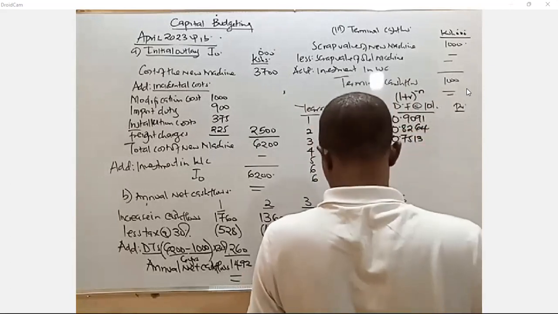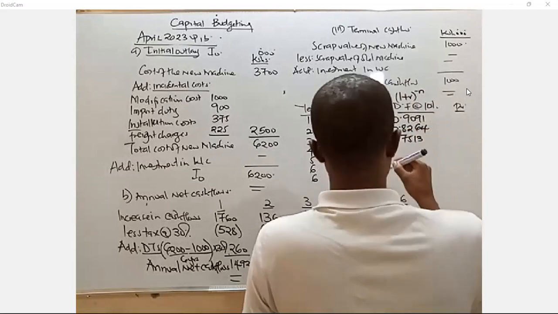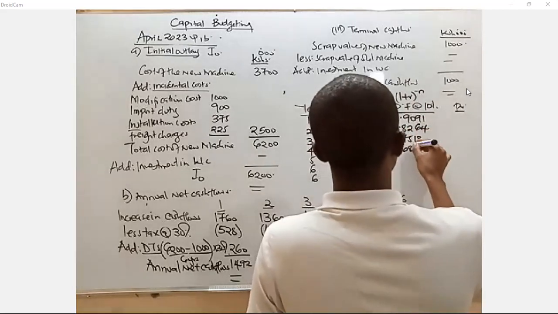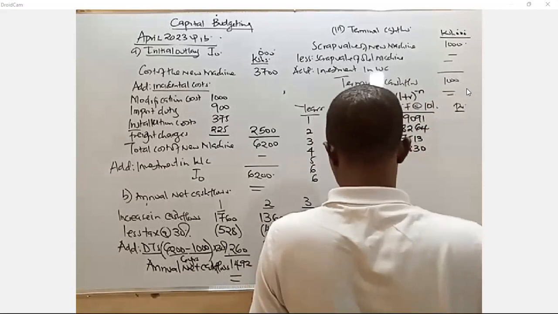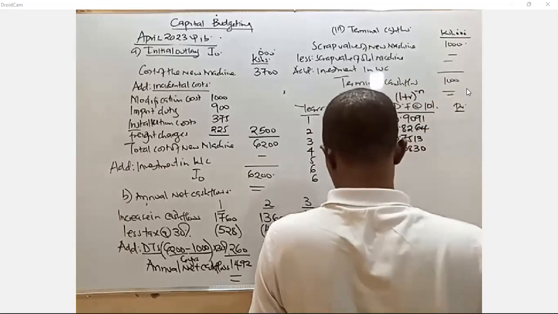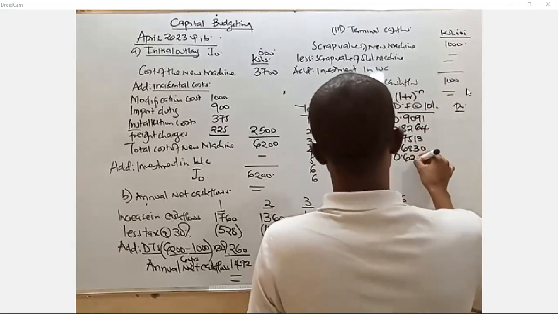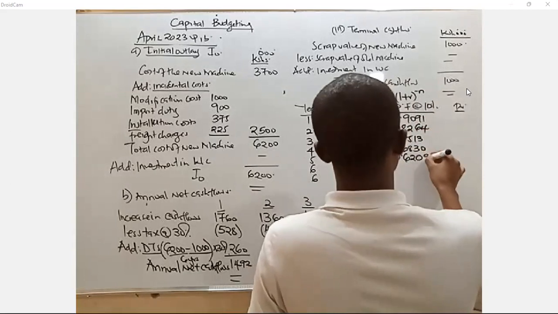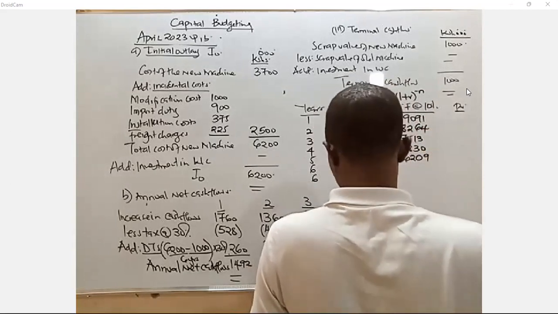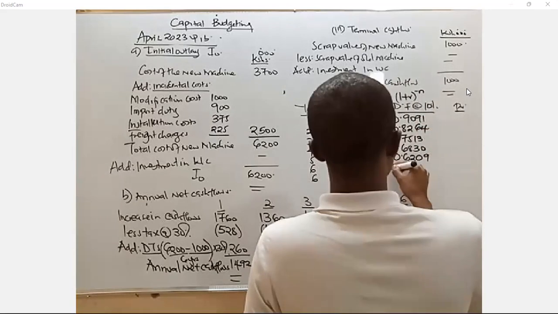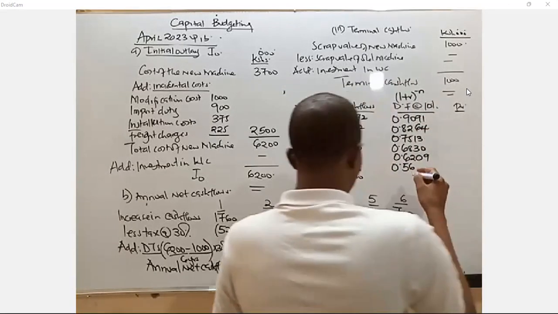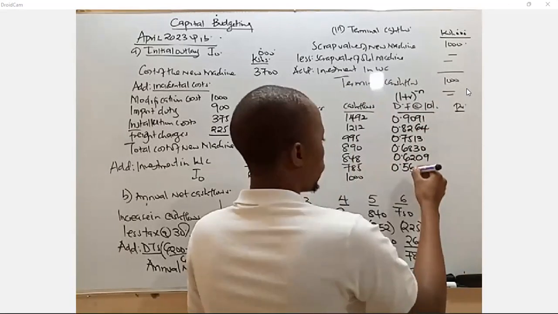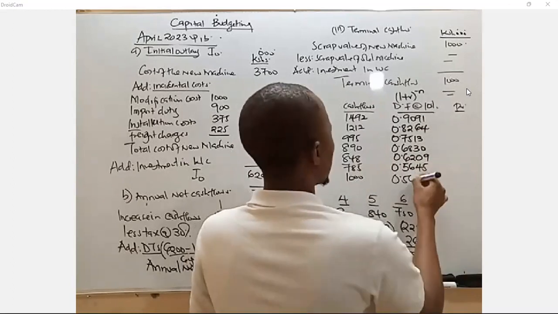We have year 4, 0.6830. Year 5, getting 0.6209. Then we have the last one, 0.5645.